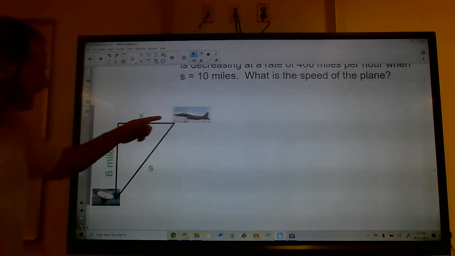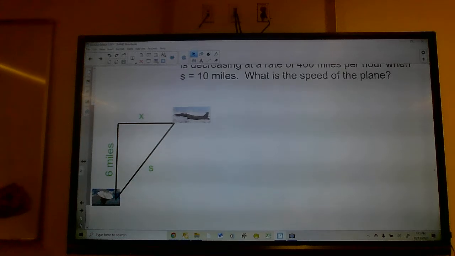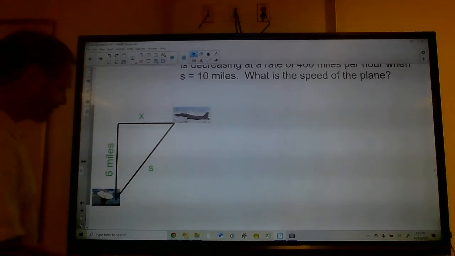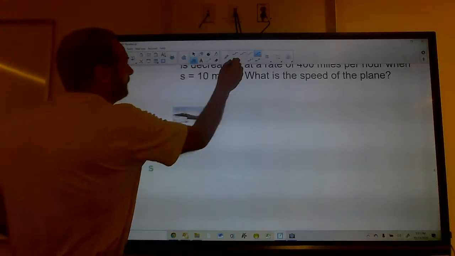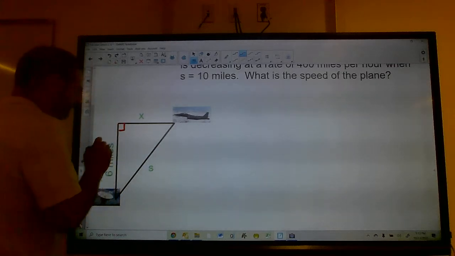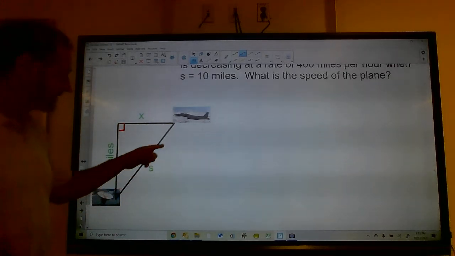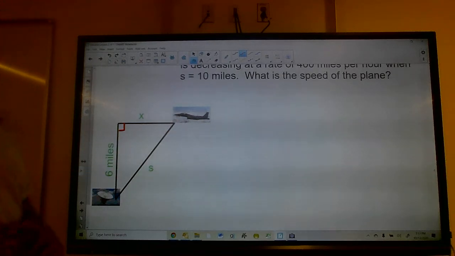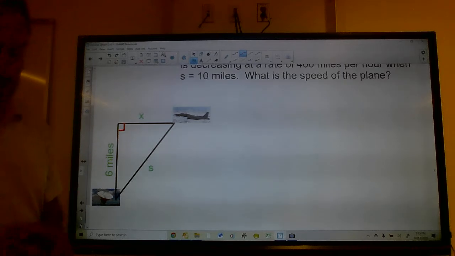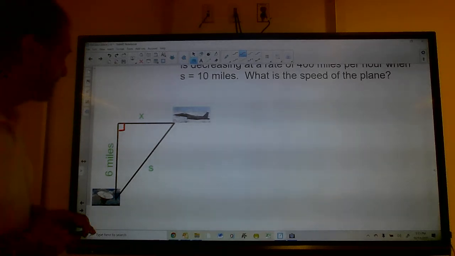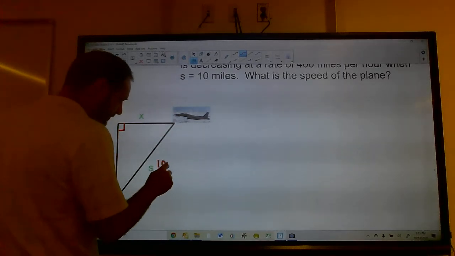I just happened to sketch this little picture earlier today. We've got our plane and a radar station that form a right triangle. S is the distance between the plane and the radar station. We need to get some stuff down on the paper. We know that S is 10 miles.